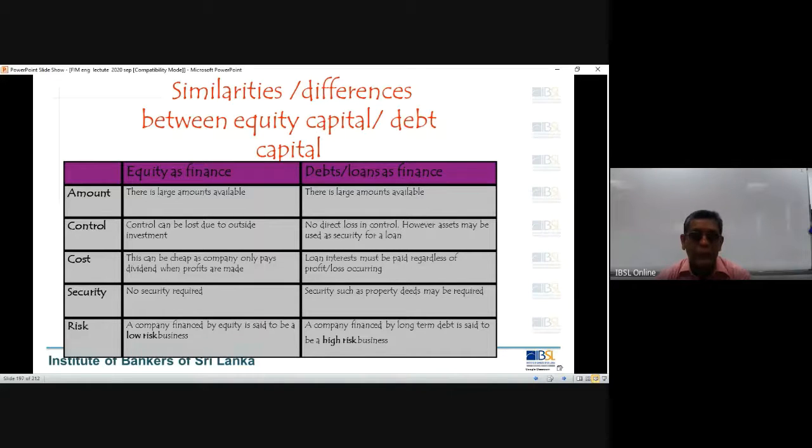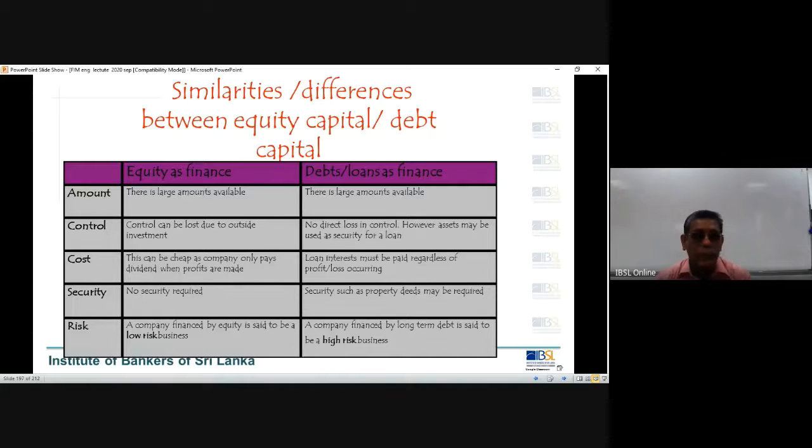Comparatively, cost-wise equity is very cheap. But the cost of debt is very high, because you have to pay interest whether you are earning profit or not.